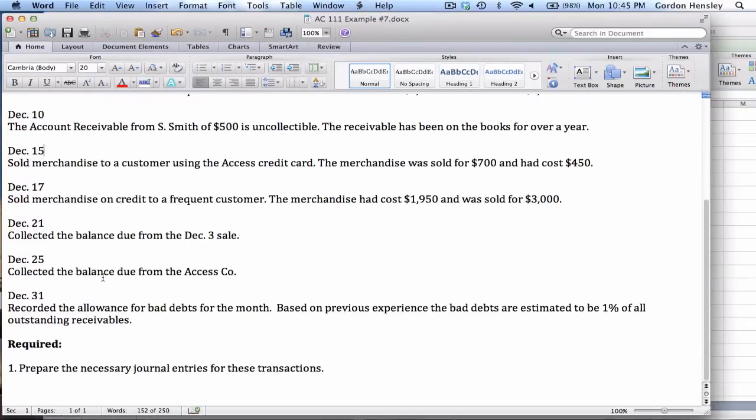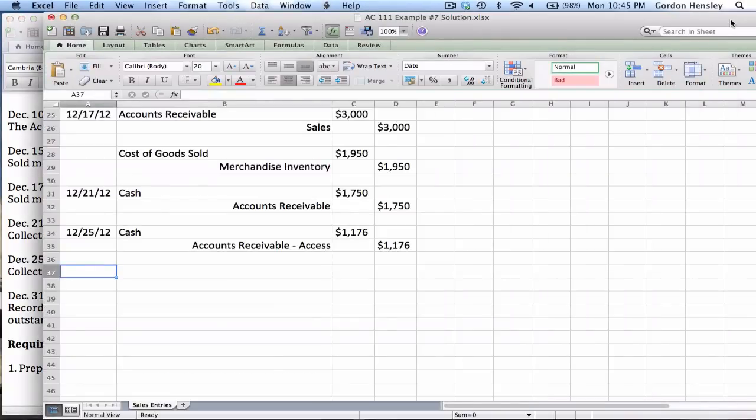And then the final transaction is on the 31st. It says recorded for allowance, the allowance for doubtful accounts for the month, and based on previous experience, the bad debts are estimated to be 1% of all outstanding receivables. So this is going to be on the 31st. Now, as far as the titles, we talked about this in our video lecture on accounts receivable.